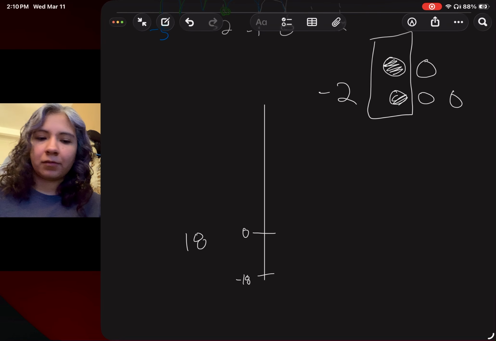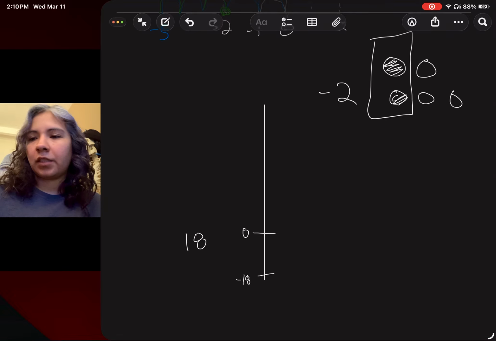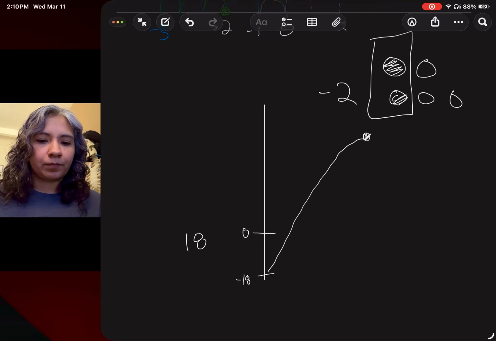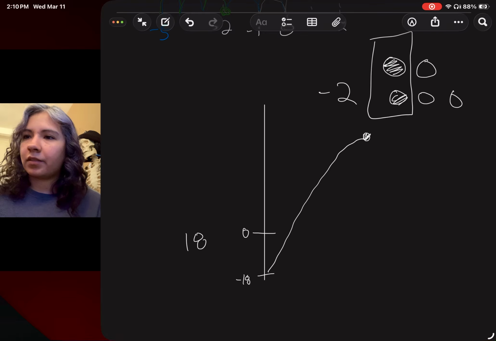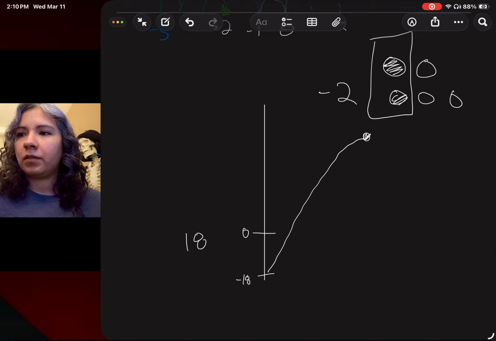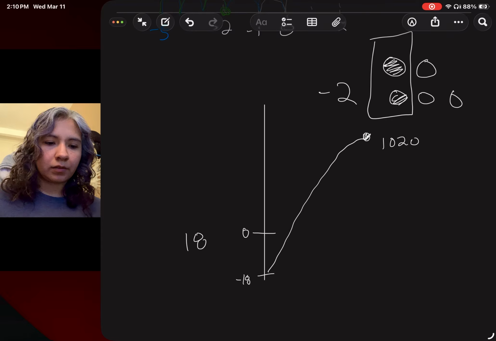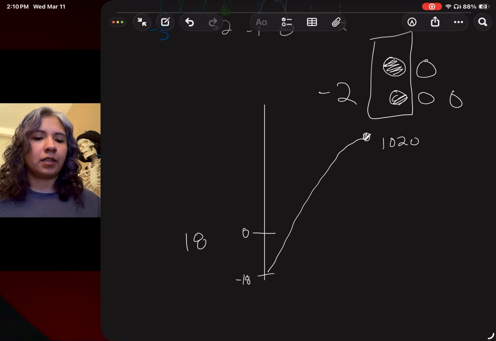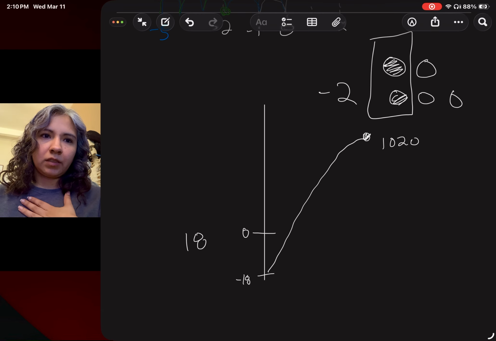And you're going to hike to some mountain over here. That's 1,020 feet above sea level. So you want to know what the gain is between those two.